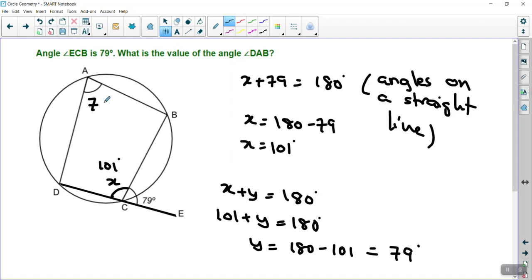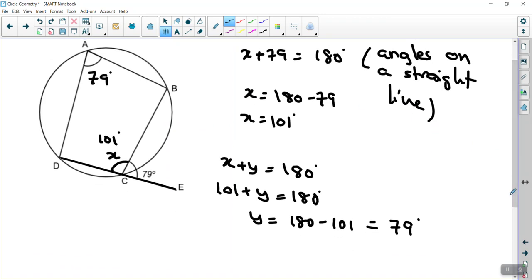So here is 79 degrees, which is the same as the exterior angle. This leaves us with an interesting fact, or a theorem, which says that the exterior angle of a cyclic quadrilateral is equal to its opposite interior angle, and you can use this fact for problem solving. That is it for today.